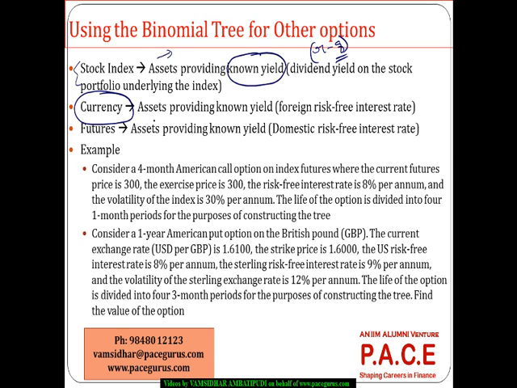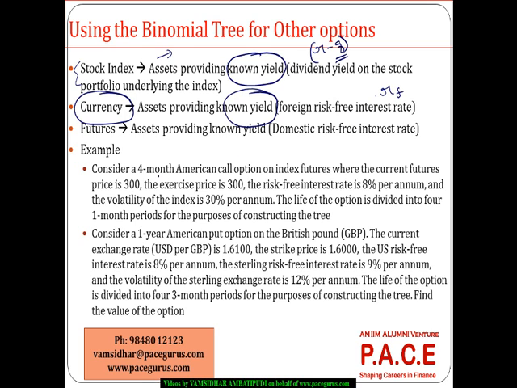Similarly, when I am doing it with currency options, again I expect that they provide equivalent to some asset that is providing a known yield, which is equivalent to the foreign risk-free rate of interest, which is rf.